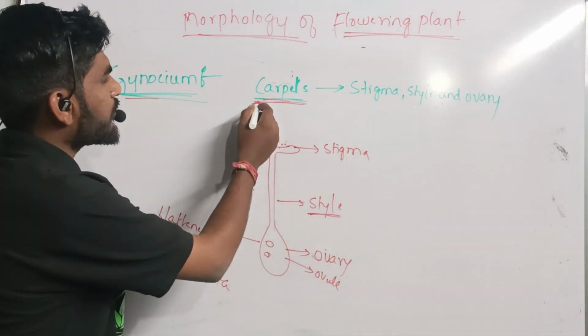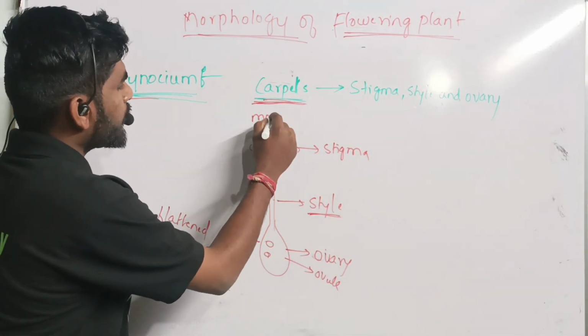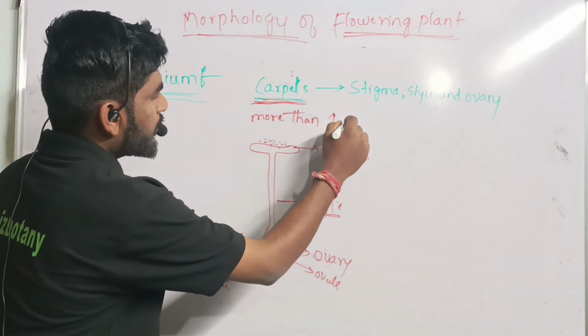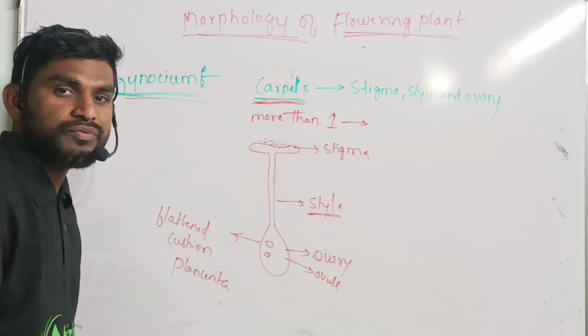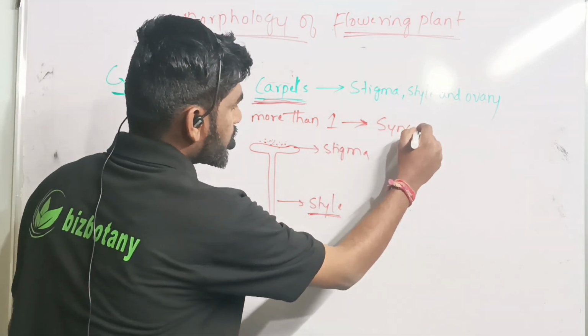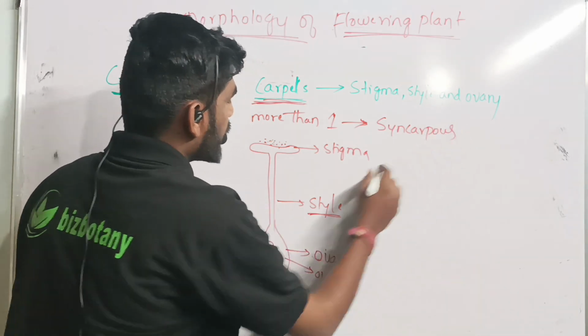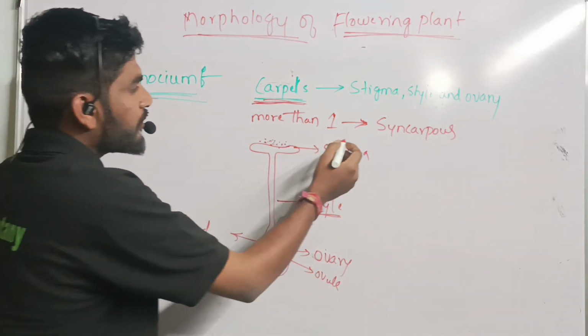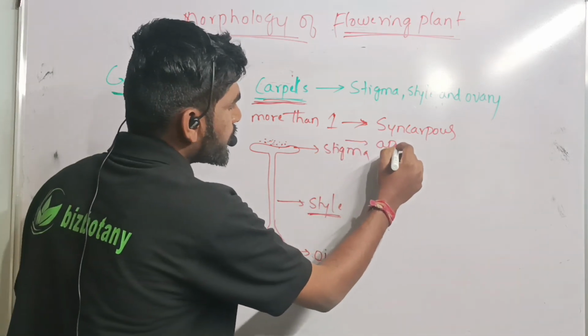In a flower, when more than one carpel is present and they are fused, we call it syncarpous. When more than one carpel is present and they are free, we call it apocarpous.